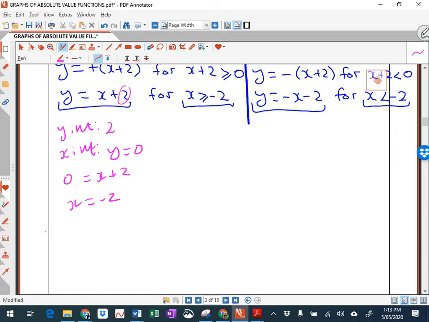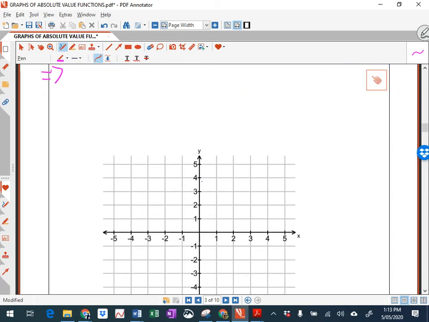Okay, so that means I'm going to sketch this line for x values bigger than or equal to negative 2. All right, so here are my two intercepts, 2 and negative 2. So let's go to 2 and negative 2, 2 for the y and negative 2 for the x.